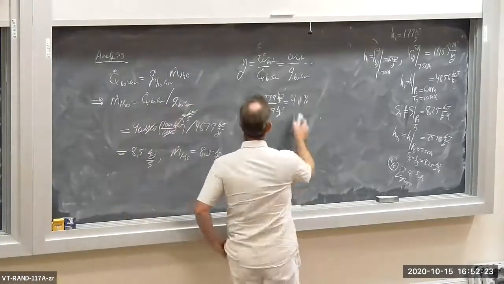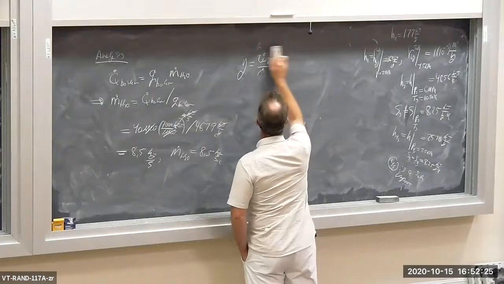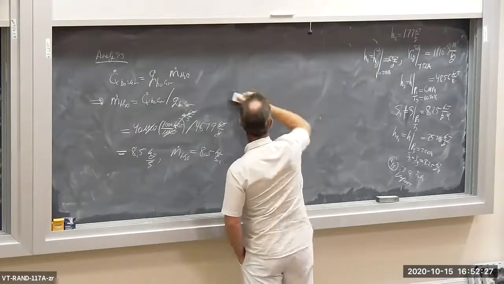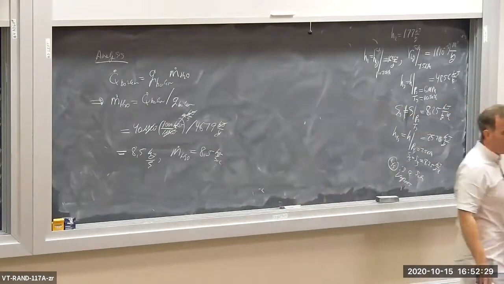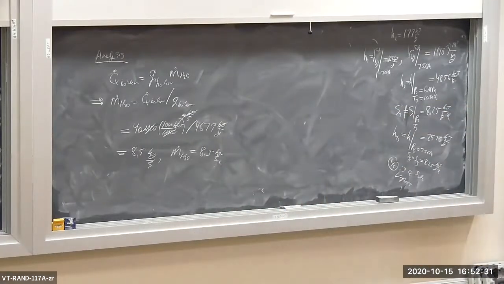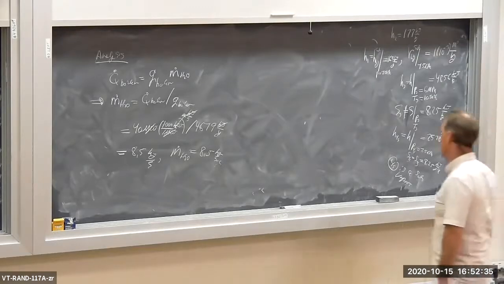Let's calculate, finally, the net power output for my cycle. Well, there are a couple of different ways to do this. I can use my thermal efficiency, or I can use my m dot and my w net. Let's use the m dot and the w net.